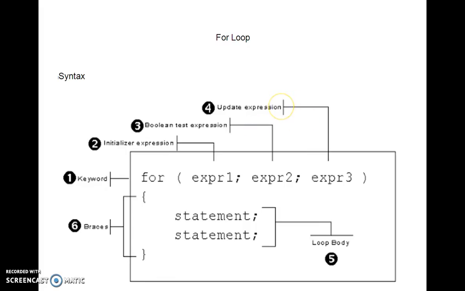After that, expression 3, which is nothing but the updation of the looping variable, will be executed. Again you will check expression 2, and this process is repeated until expression 2 becomes false. And here expression 1 will be executed only once.